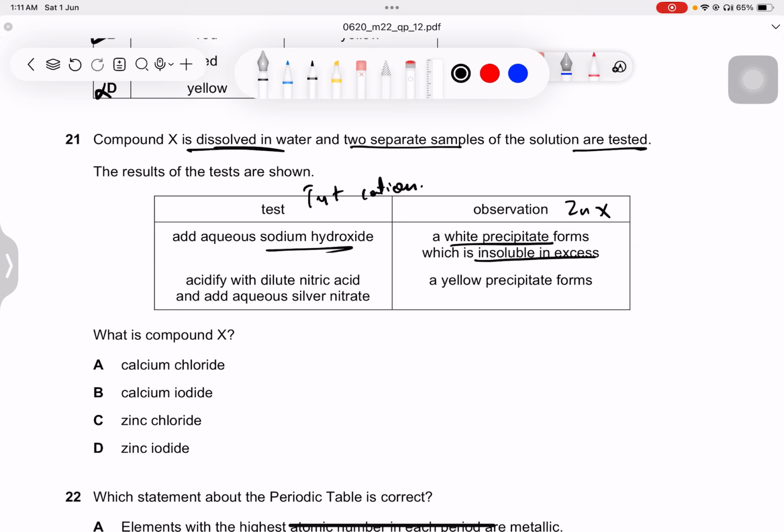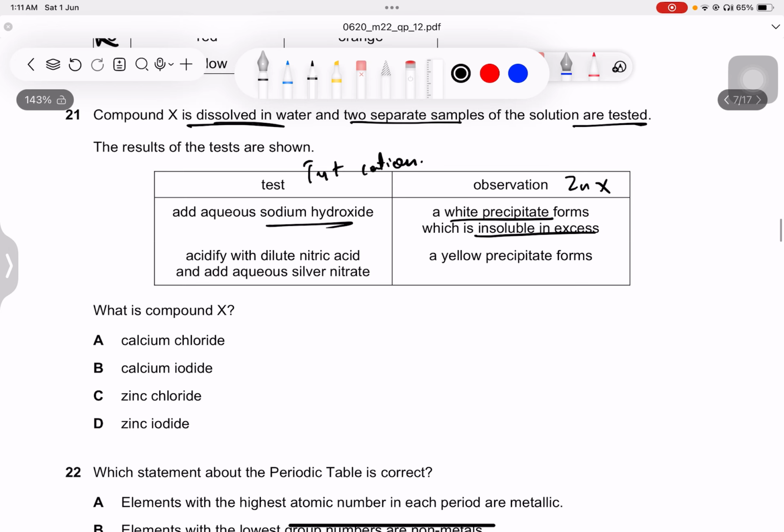The white precipitate can be calcium or barium, but not aluminum, as aluminum is soluble in excess sodium hydroxide. In the options we have either zinc or Ca, calcium. So we know that it is not zinc because zinc is soluble in excess, and calcium is insoluble.